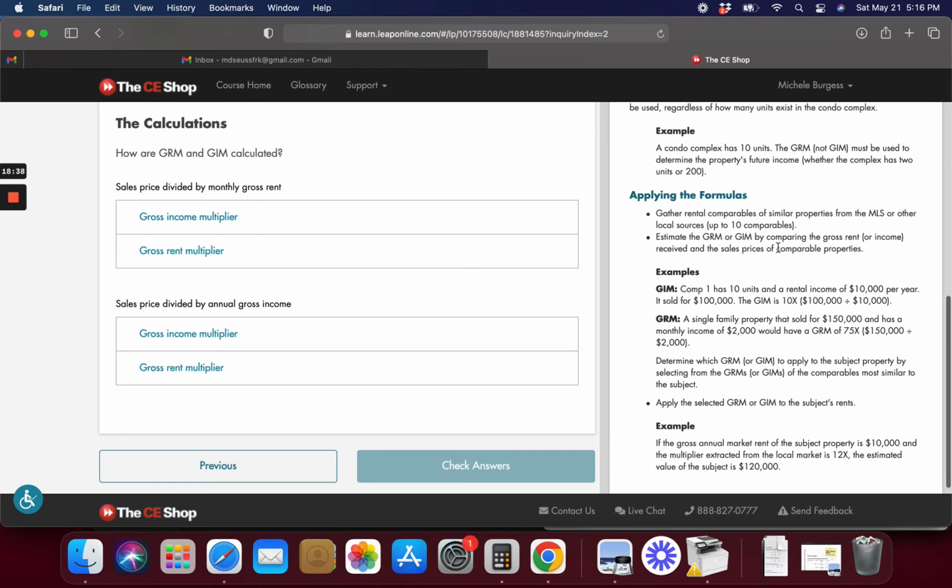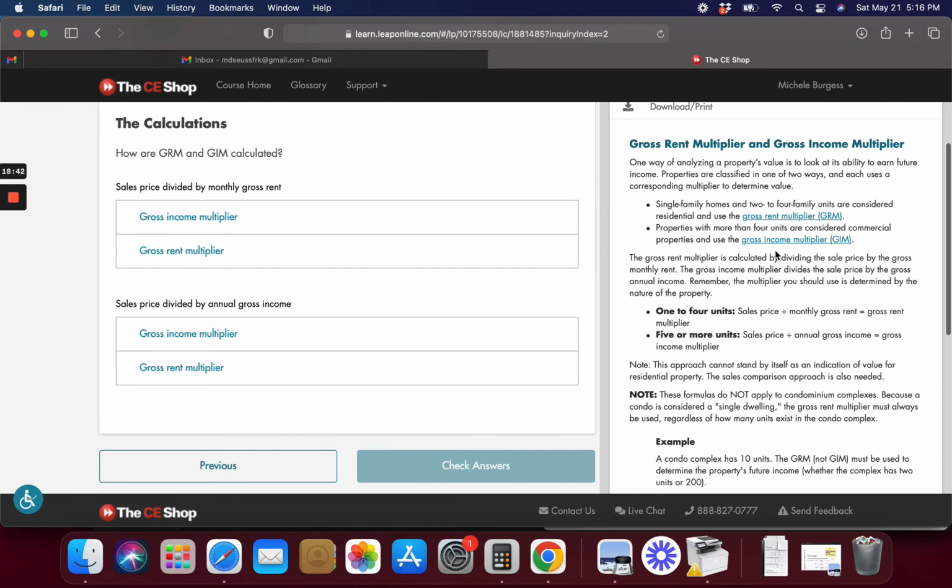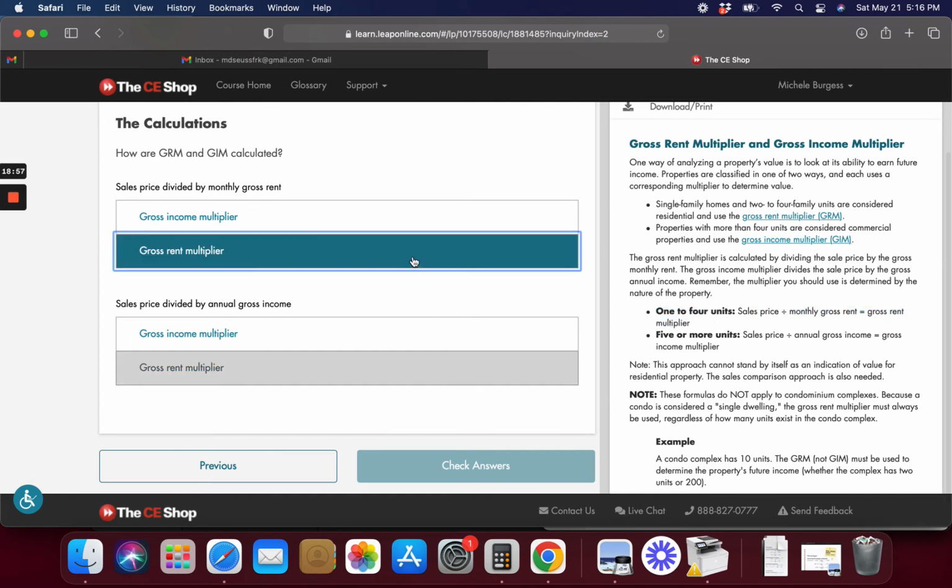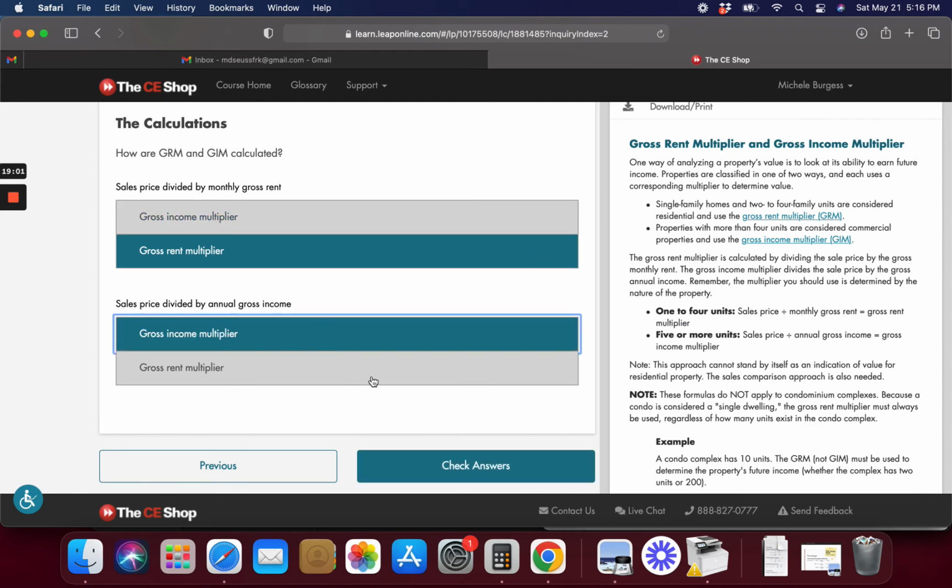I don't see anything on here about that. Oh, here we go. For 1 to 4 units you use the rent multiplier, and then annual you would use the gross income multiplier.